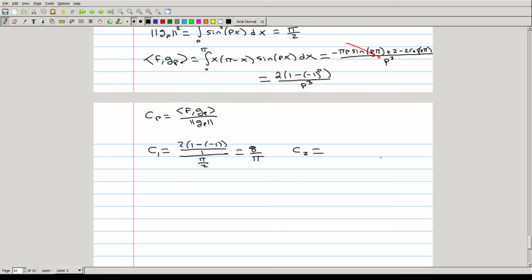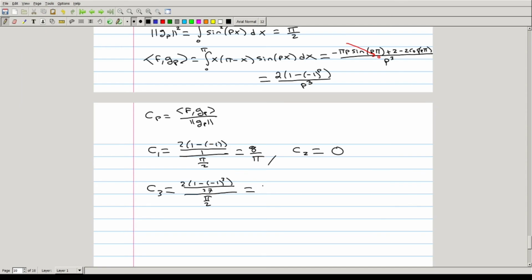C2 is going to be equal to, when you plug in p equals 2 here, 0, because you get 1 minus negative 1 squared, which is 1 minus 1, or 0. C3 is equal to 2 times 1 minus negative 1 cubed over 3 cubed, which is 27, over pi over 2.